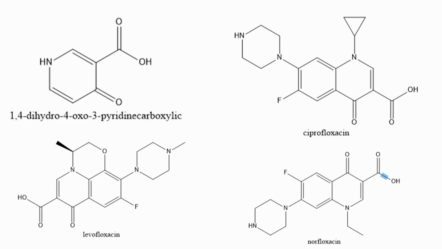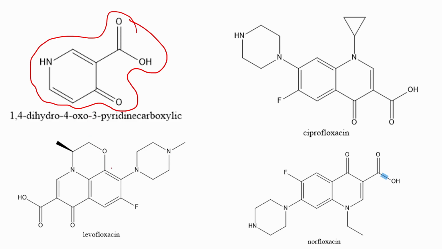So these are the different examples of our quinolones. So on the top left, you can see the parent compound or the part of the compound that exudes our antibacterial activity, our 1,4-dihydro-4-oxo-3-pyridine carboxylic acid. So you can see the structure.